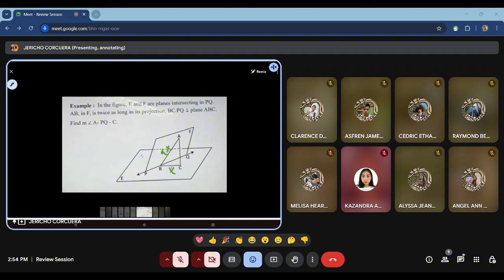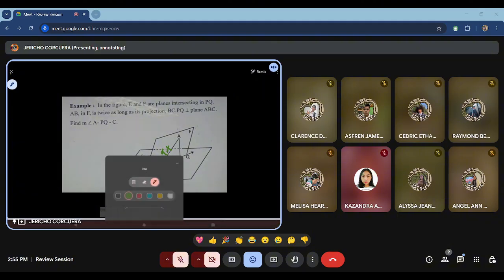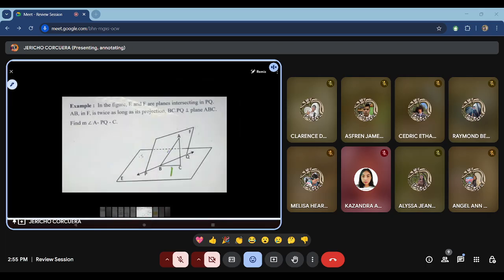Then we are looking for the dihedral angle APQC. If this is 1, then this is the square root of 3.